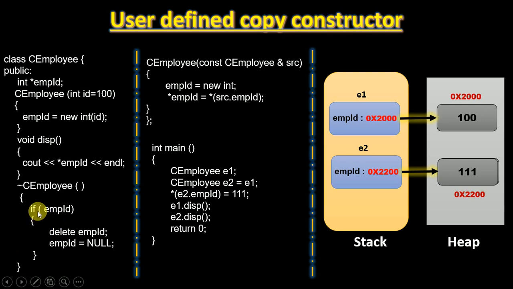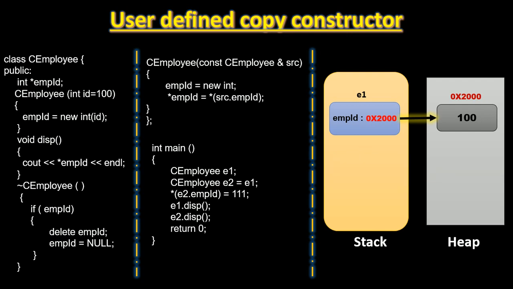In the destructor we are checking if employee id is holding valid heap memory, then delete that and assign it to null. Yes, it is holding, so now delete this memory location. Once the memory location is deleted, the object will be removed from the stack memory. Once the destructor operation is completed, the object is removed.